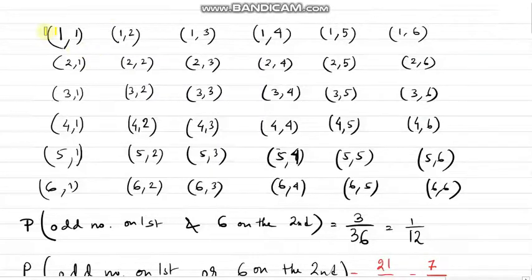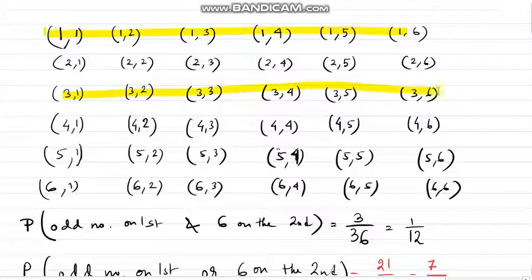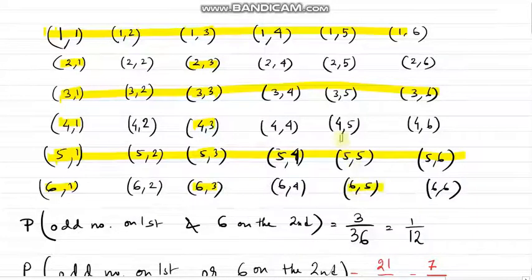If I calculate an odd number on the first die, these are 18 outcomes. An odd number on the second die, can you clearly see there are already some outcomes happening twice.